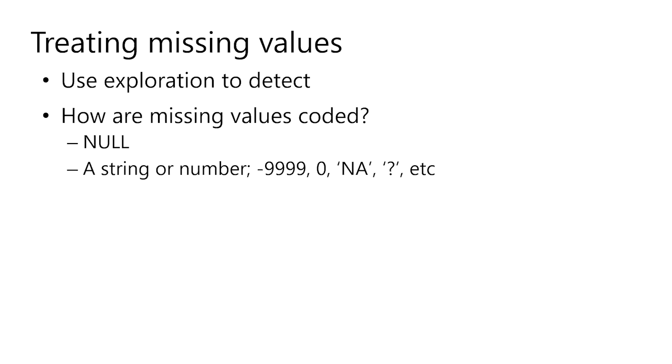It just means no one measured the blood pressure and entered it into the database. NA, sometimes a character string, sometimes a special value, can be a good one, question mark, etc. So there's lots of ways, and you need to dig around and figure out for your particular database how the missing values are coded.